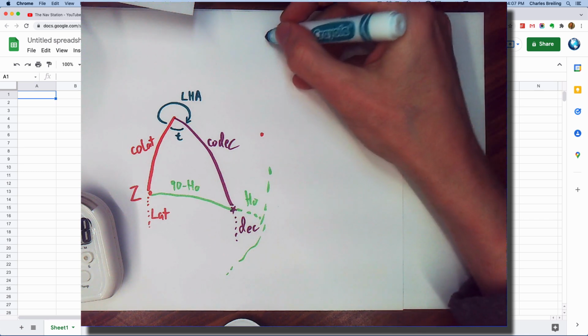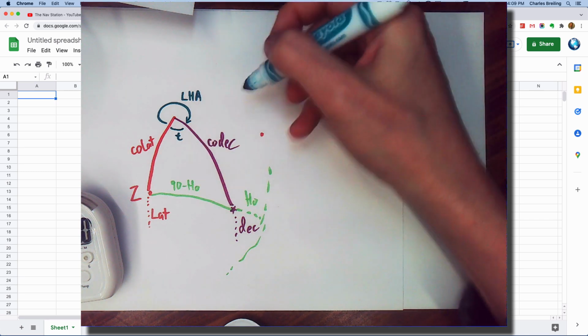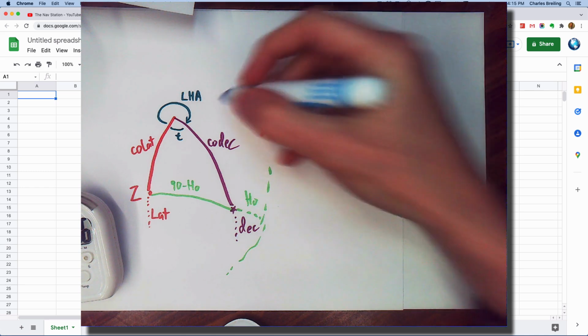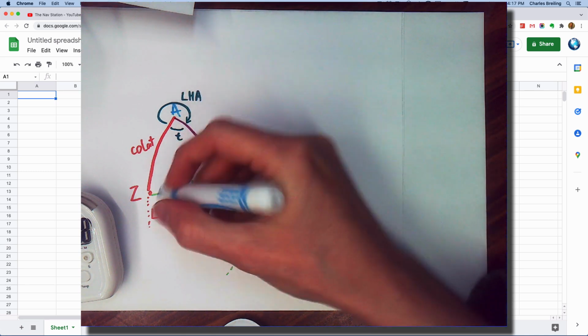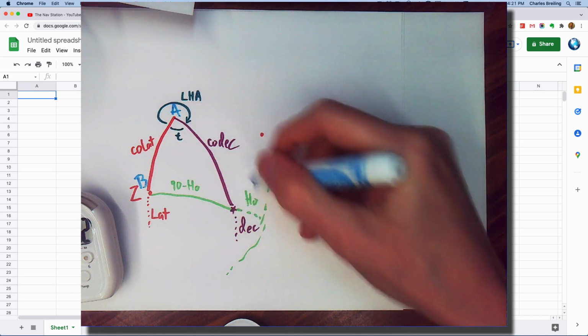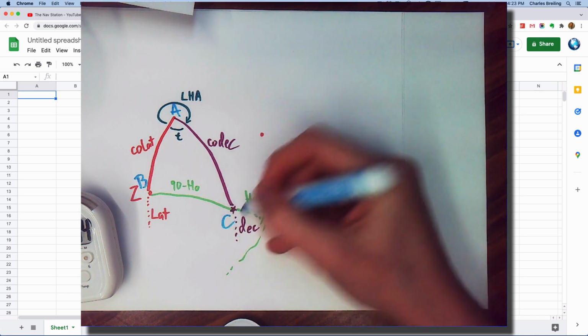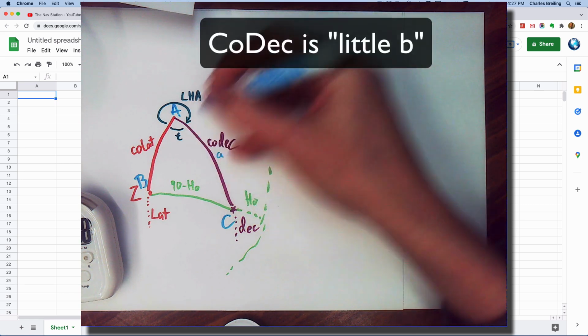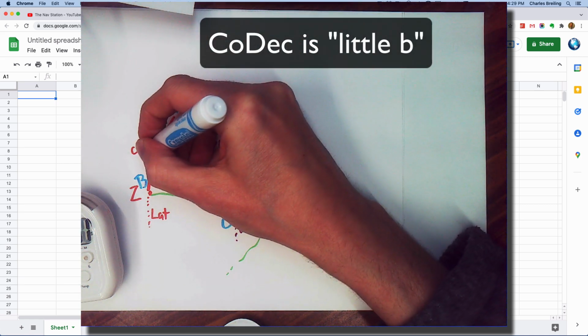So the spherical law of cosines, I guess I should probably label these sides. I'm just going to label this A, and we'll do this one B, and also C. And then CoDec is actually going to be little a. CoLat is going to be little c.